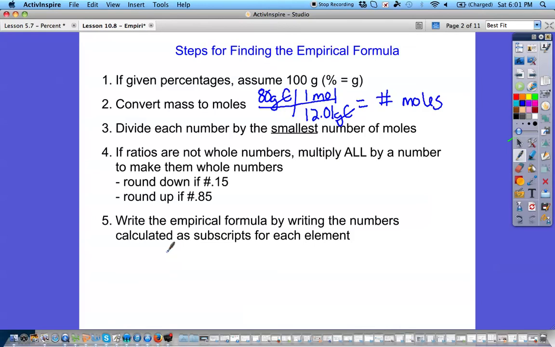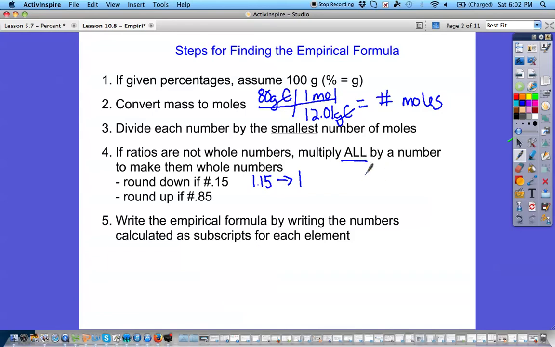Then we need to divide each number of moles by the smallest number of moles. And we're going to get a ratio. If the ratios are not whole numbers, you need to multiply all of them by a number to make them whole numbers. Unless you have a number .15 or less, like 1.15, you're going to round that down to the nearest whole number, so that would be 1.